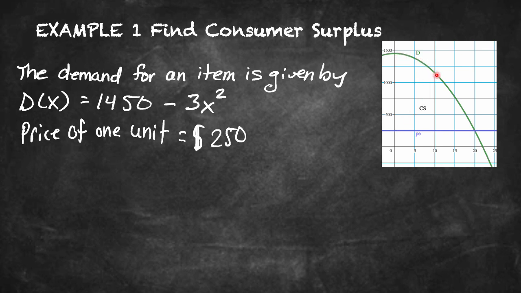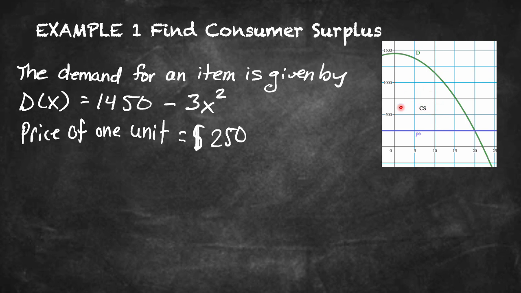Because the demand curve represents the price that the consumers are willing to pay, and this is the price they're actually paying, that means they're willing to pay more because the demand curve is above. They're willing to pay more than what the price actually is. So this is where the consumer is going to save some money, and they're going to be very happy.